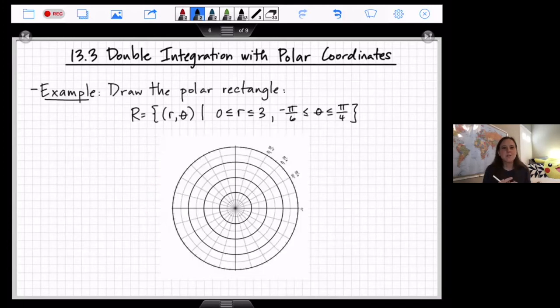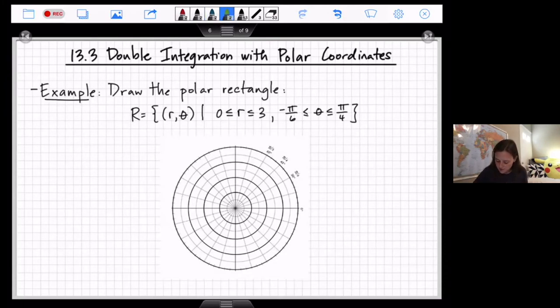Because these polar rectangles don't look like rectangles, I wanted us to get a little practice with drawing a couple of them. So here we have a polar rectangle. That notation means all the ordered pairs r comma theta, such that r is trapped between 0 and 3, and theta is trapped between -pi/6 and +pi/4. So we're talking about all the r values between 0 and 3. That's between the origin and that third dark ring as we go out on our polar graphing paper. But our thetas are only between -pi/6 and +pi/4. -pi/6 is down in the fourth quadrant because we're going clockwise.